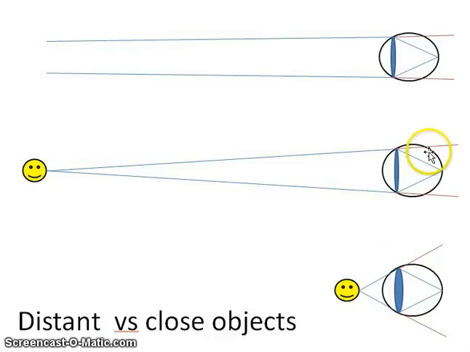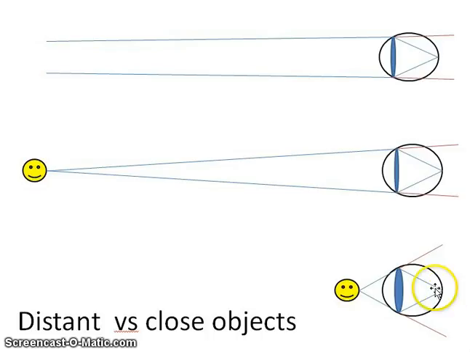So up here you have to bend about this much to get the light rays to meet again, and here you have to bend that much. So the angle of refraction, the degrees through which your lens has to bend the light, is much greater for close-up objects than it is for distant objects.